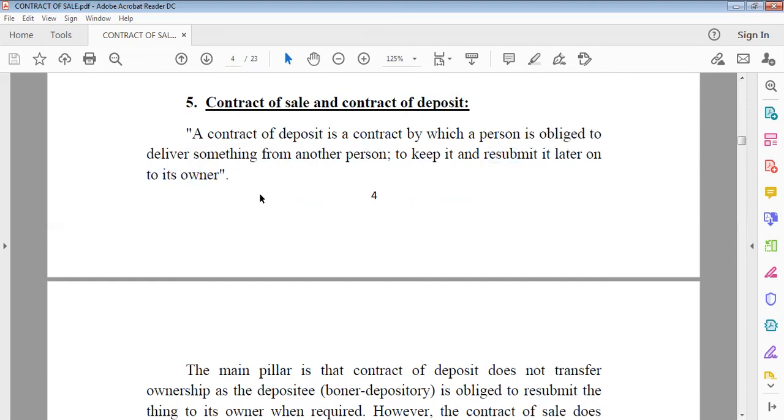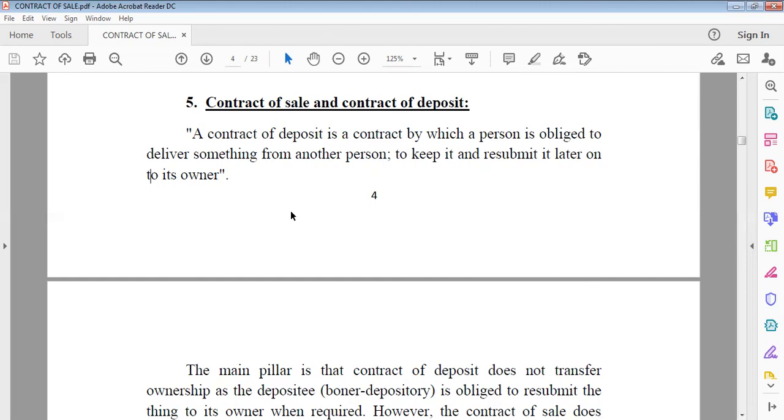Well, it's like I contracted with Noor, for example. I told Noor, I need to conclude a contract of deposit with you. Now, according to this contract, I will submit to you something, and you have an obligation to keep it, for a certain time.